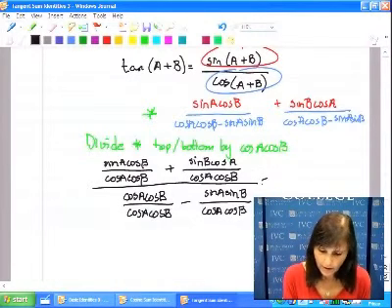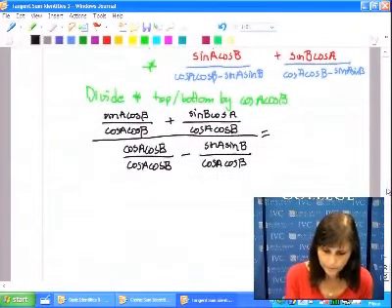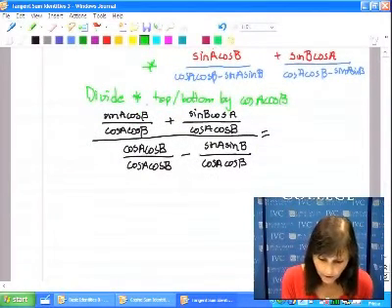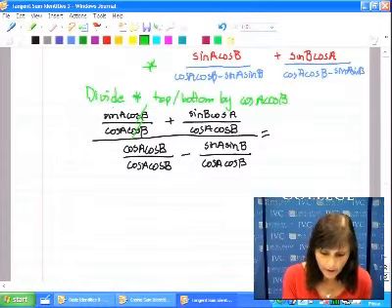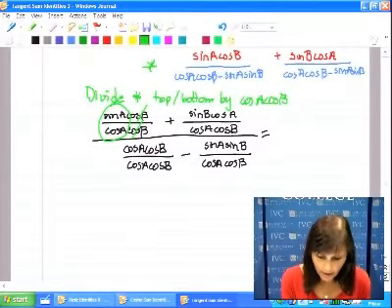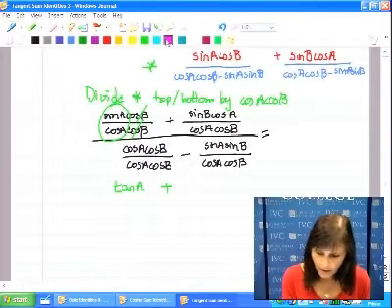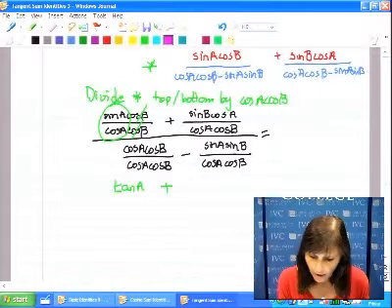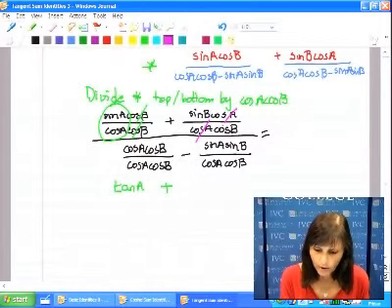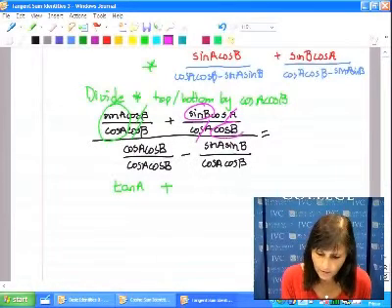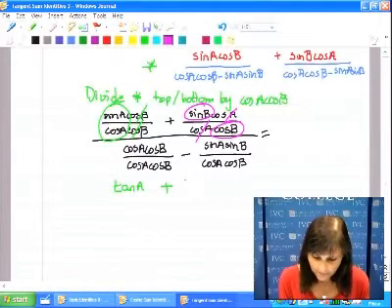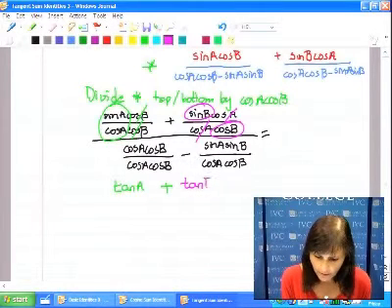Alright, clean it up. What is sine a over cosine a? Tangent a, plus what do I have? Sine b over cosine b, which is tangent b.